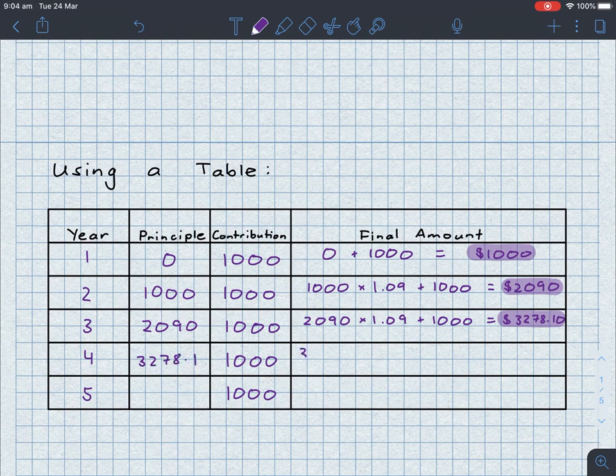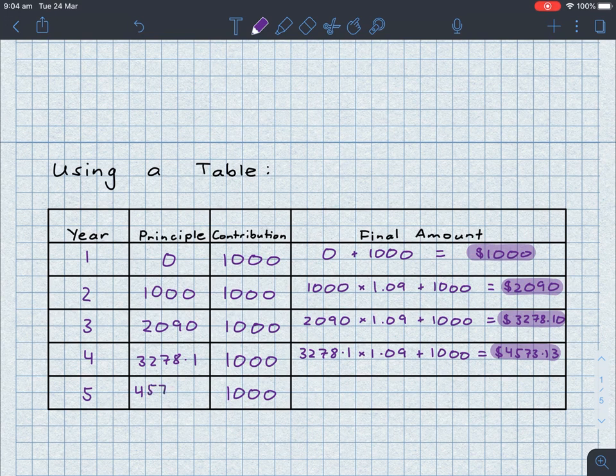3278.1. In my calculations, I'm going to multiply that by 1.09 so that I'm calculating the extra 9% interest, plus another $1,000 added in at the end of the year gives us $4,573.13 at the end of the 4th year. And then the same for the 5th year.